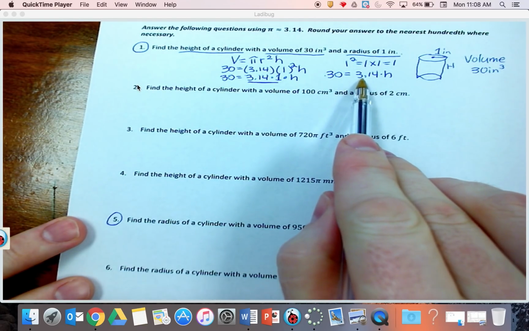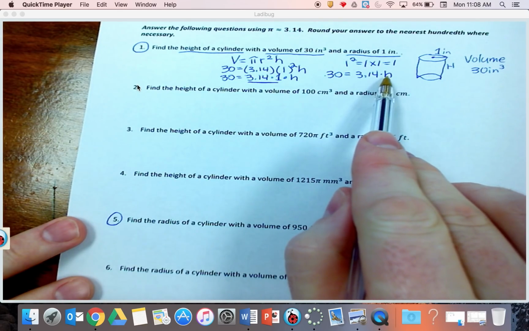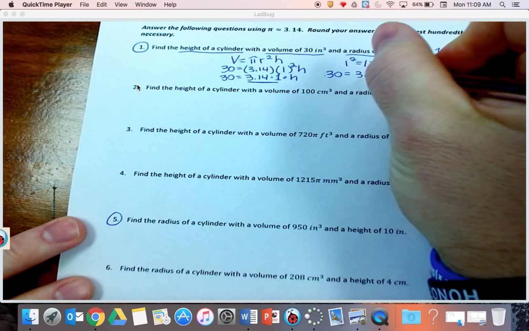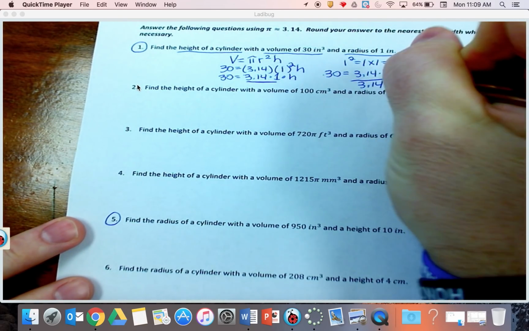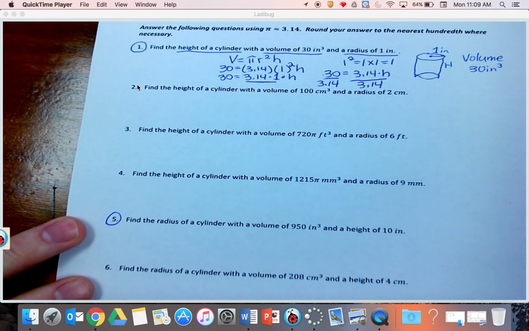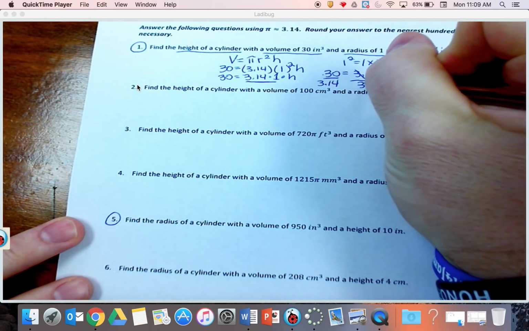Remember what I need to do here? I need to get everything away from the H, so I do the opposite of times. I'm going to divide both sides by 3.14. When I divide both sides by 3.14, these cancel out.